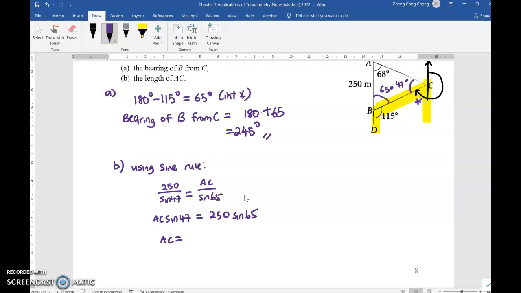Therefore, AC must be 250 sine 65 divided by sine 47. Therefore, AC must be equal to 309.8063, which is 310 meters, to 3 significant figures.